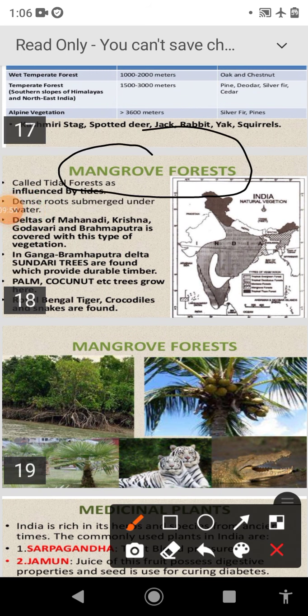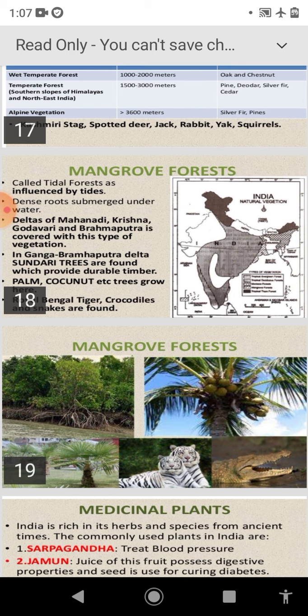These are found in the coastal areas. Having accumulated mud and silt, dense mangroves are the common varieties with roots of plants submerged underwater. The tidal forests are found in the deltas of Ganga, Mahanadi, Godavari, and Kaveri.